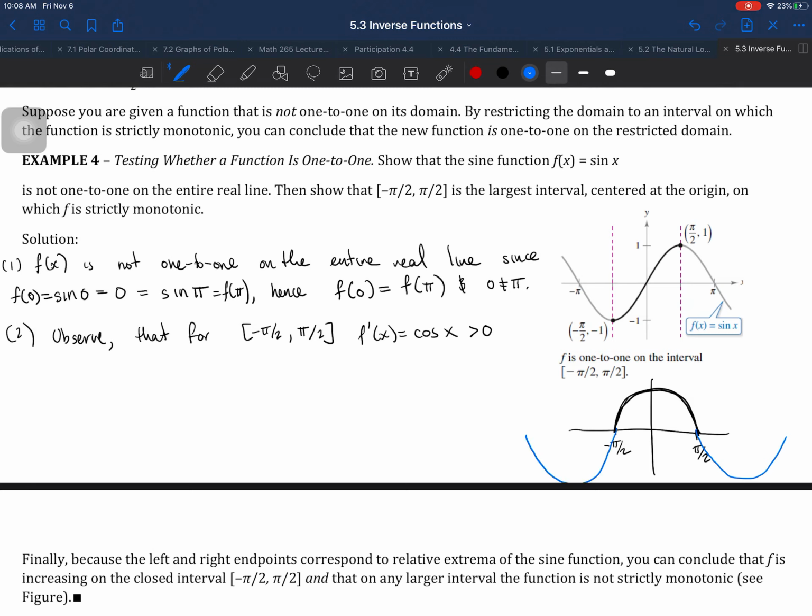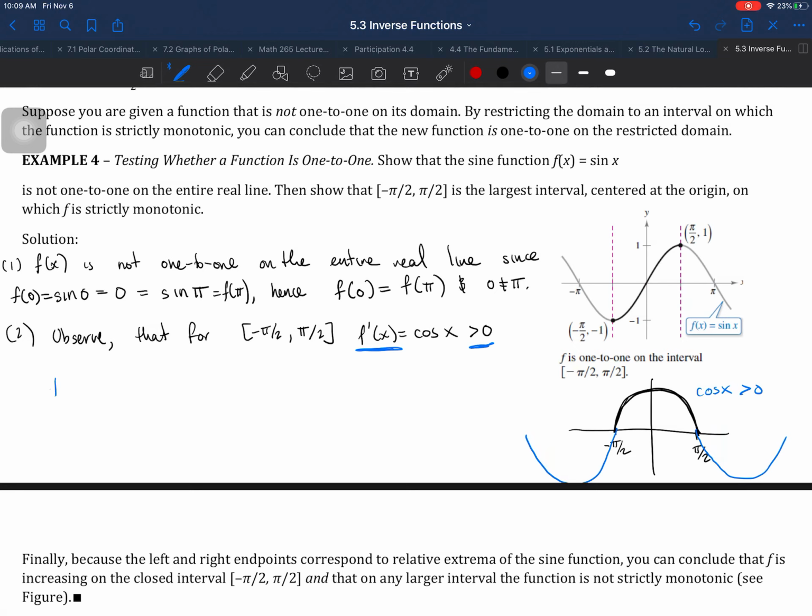But within negative pi over 2 and pi over 2, cosine is positive. So within negative pi over 2 and pi over 2, the cosine function is going to be positive. So therefore, the derivative of f is going to be positive.